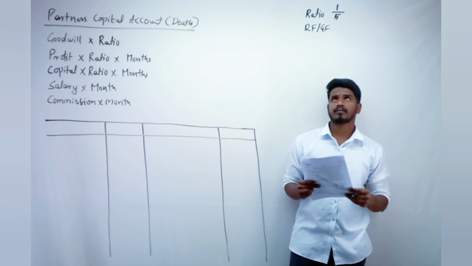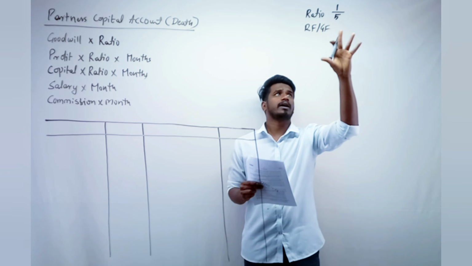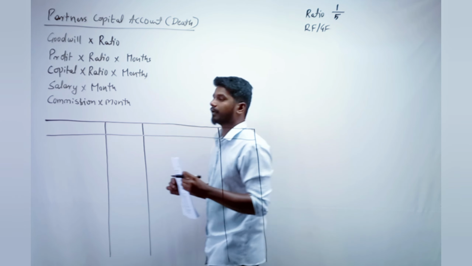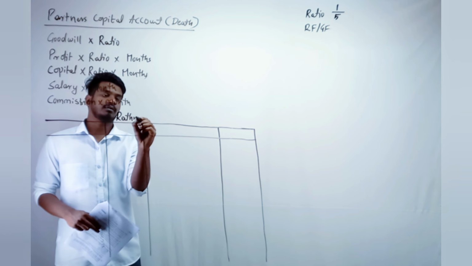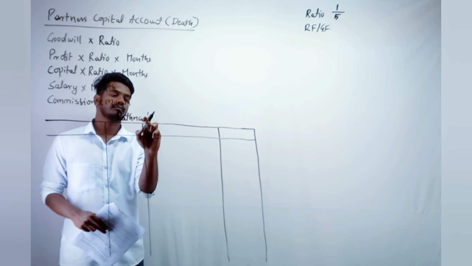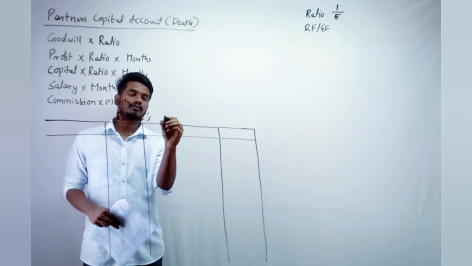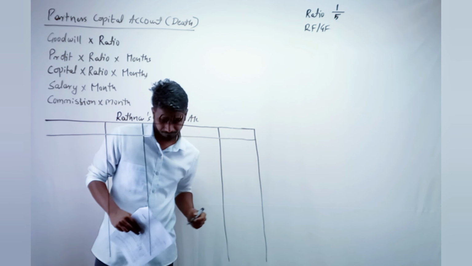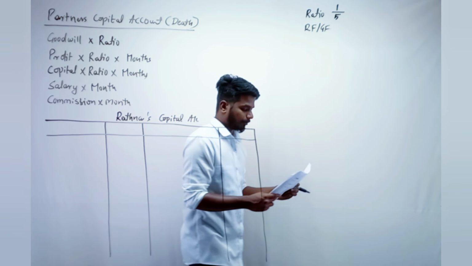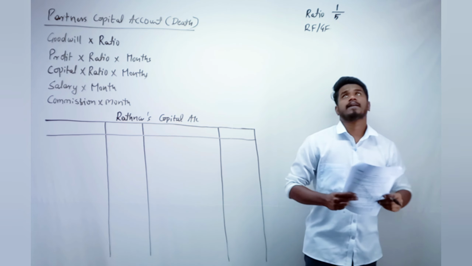Correct. Ratna's share is 1 by 5. Let us write Ratna's capital account.